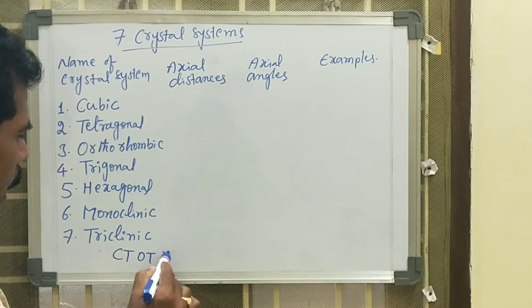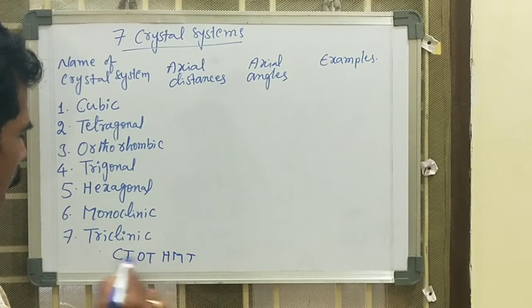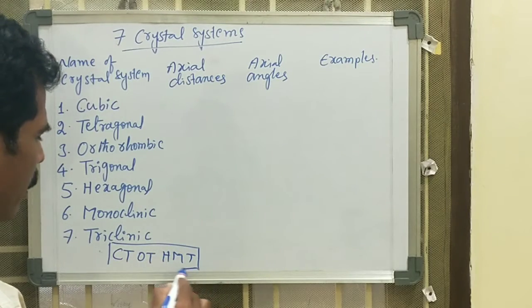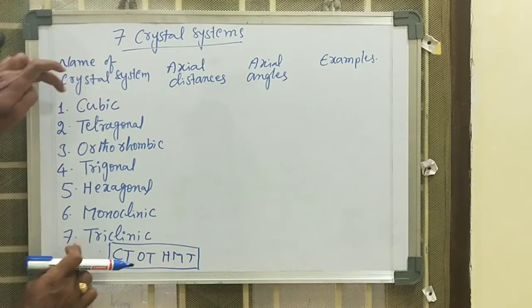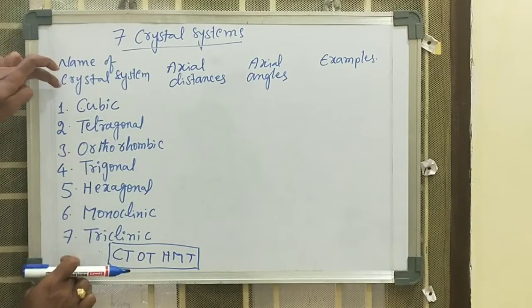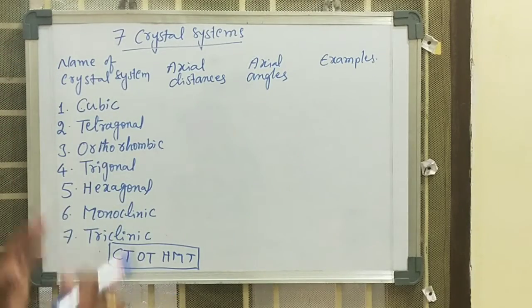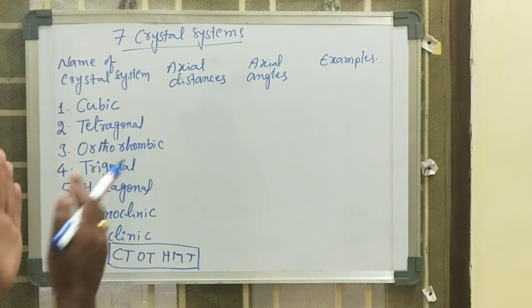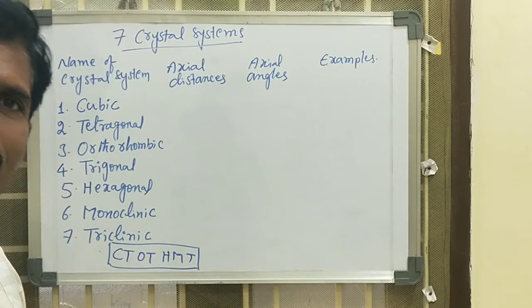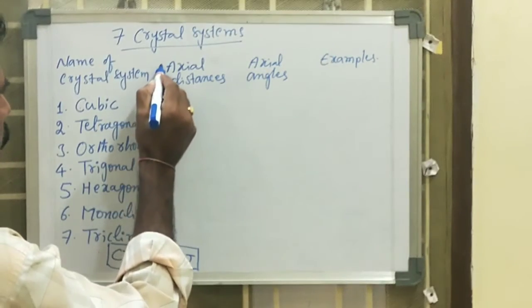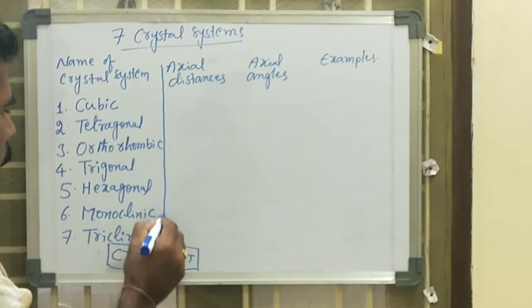If you remember this, you can write the 7 crystal systems one by one in order in this table, and there is a chance to remember them easily. Next, make a line here.